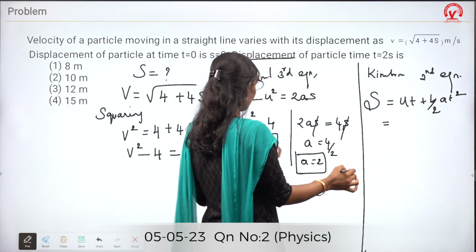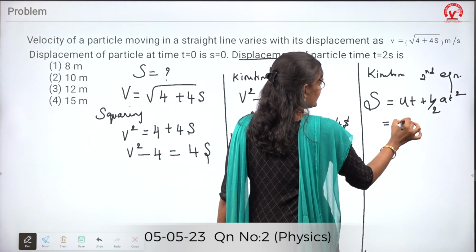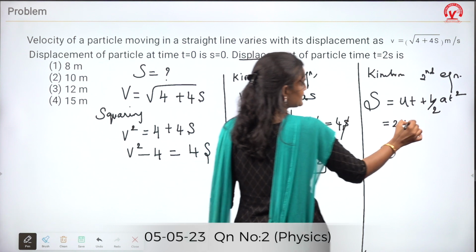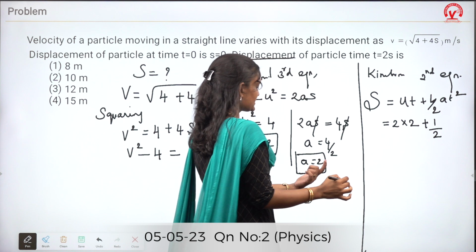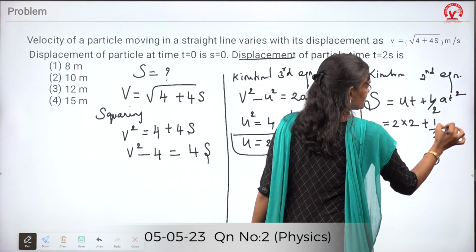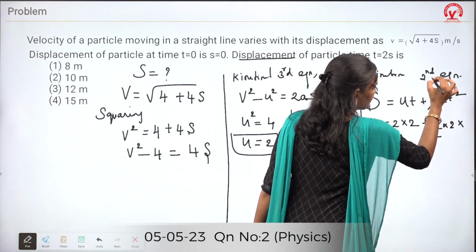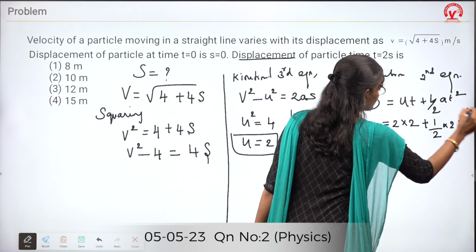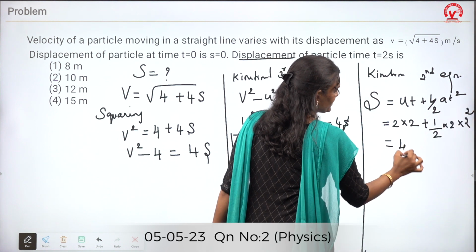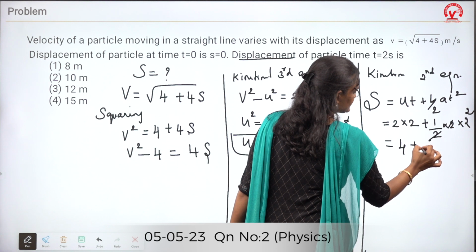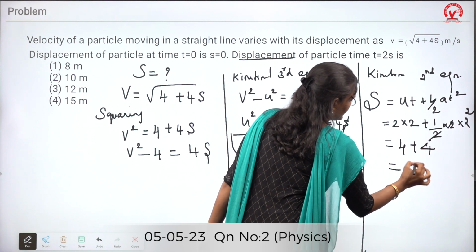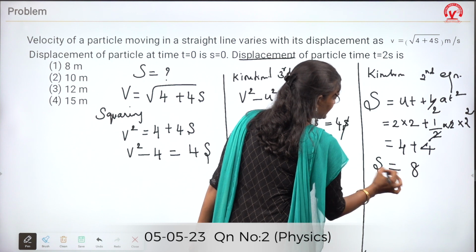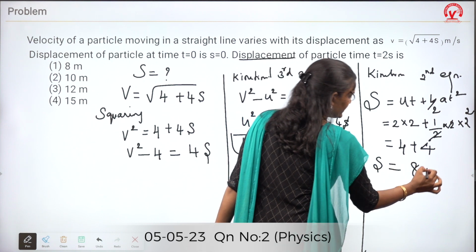U, the initial velocity we got, is 2, into time 2 seconds, so 2 times 2, plus half a, where we got the acceleration as 2, times t square, which is 2 square. So 4 plus, the half and 2 get cancelled, 2 square is 4, so 8. So the displacement S is equal to 8 meters.